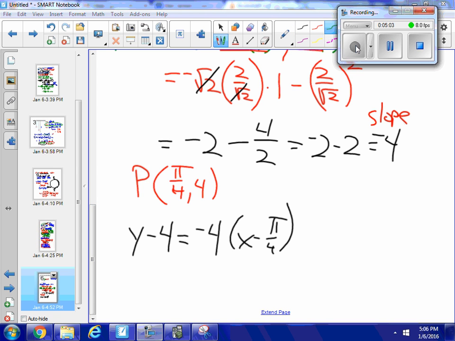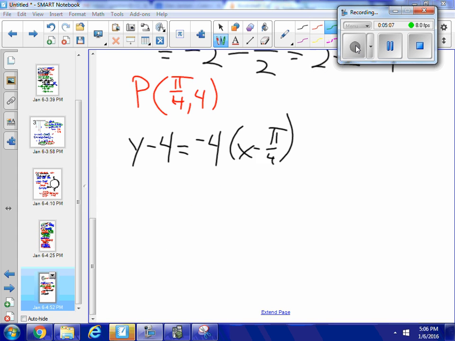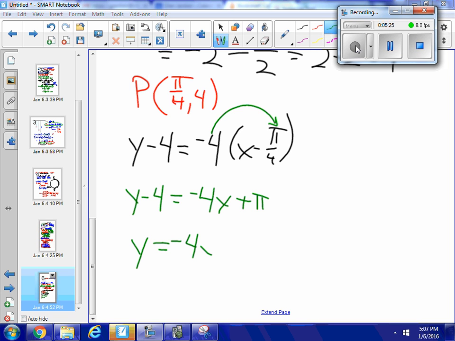Nothing wrong with point-slope form, but if we want to get it into slope-intercept form, it might be kind of interesting. I have y minus 4 is equal to negative 4x plus pi. I'm multiplying that right there. And then I'm going to add the 4 to both sides, so I have y is equal to negative 4x plus pi plus 4.